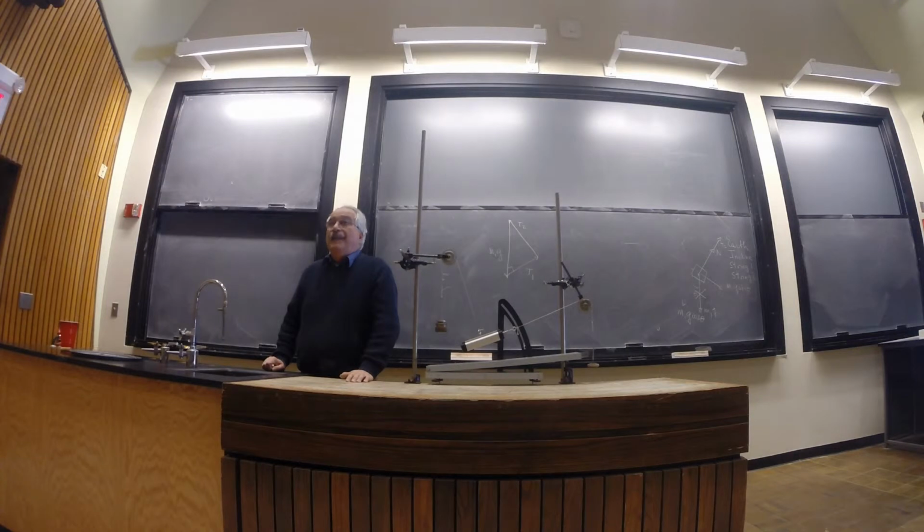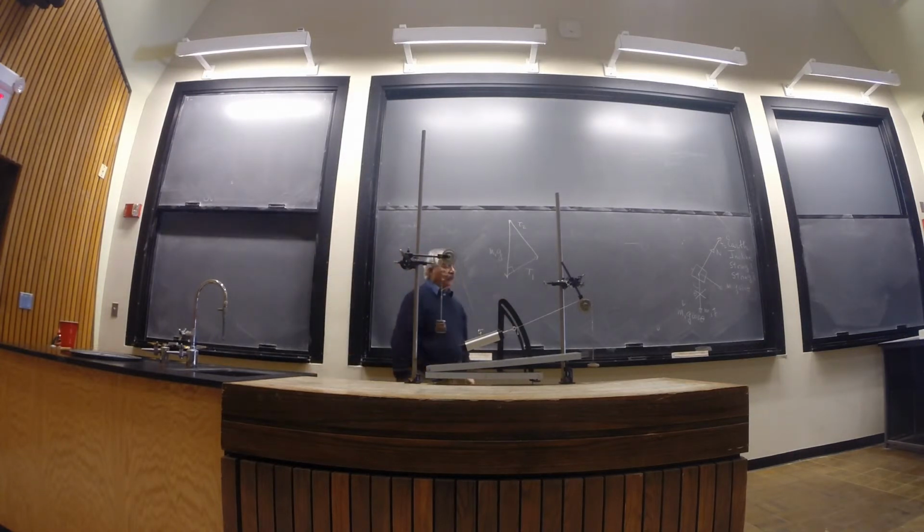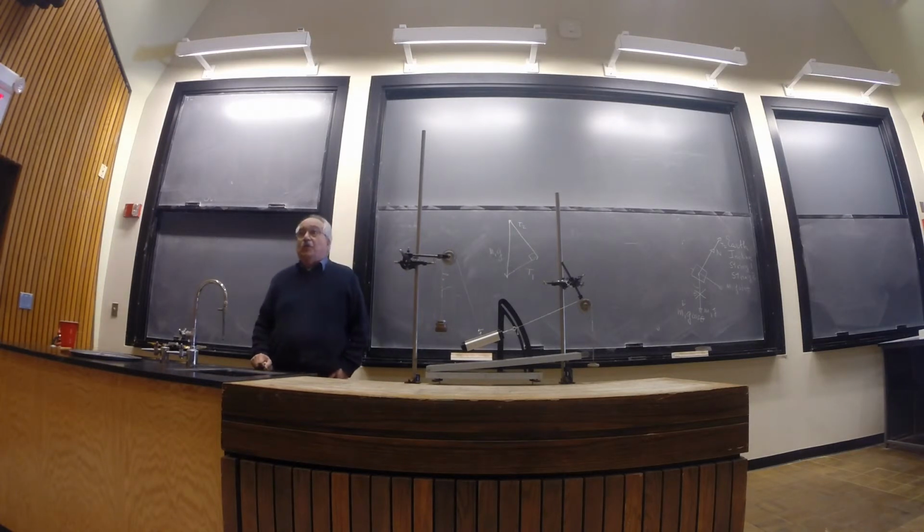Okay. And now you can see quite easily the relation between the tensions and the weight mg. This is not the right angle anymore. This is a right angle. The two forces are at right angle. What's the relation? It's a relation that was discovered 3,500 years ago.